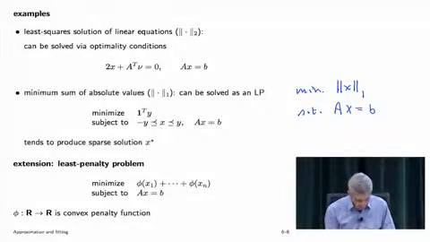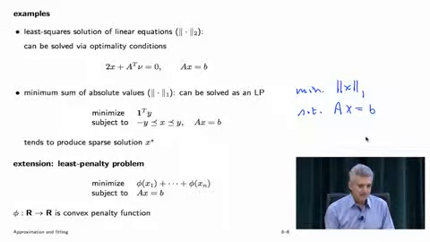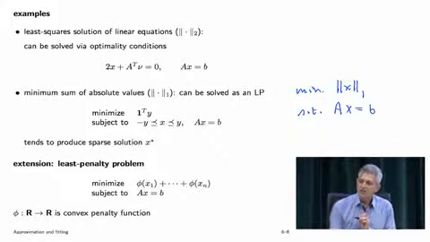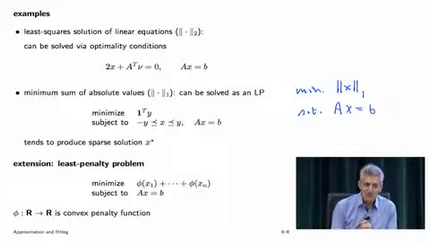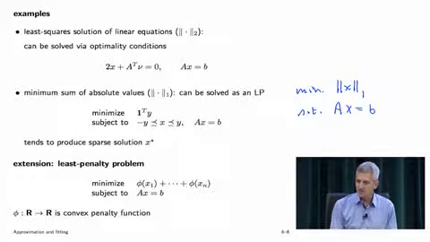So it's got various names. This one's basis pursuit. And let me ask you, in view of the discussion we had last time, where we talked about a penalty function and how the shape of the penalty function has an influence on the distribution of residuals. That discussion transposes perfectly to this situation, right?